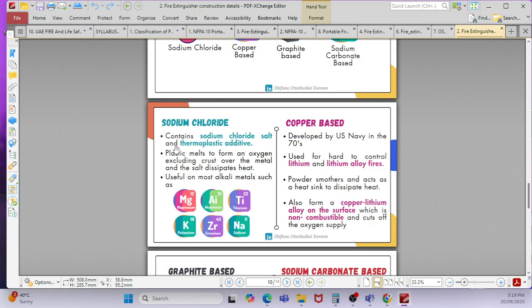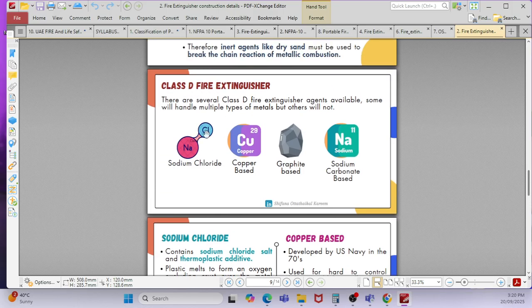It contains sodium chloride salt and thermoplastic additive, to form an oxygen-excluding crust over the metal, and the salt dissipates heat. Useful on most alkali metals such as magnesium, aluminum, titanium. So this is an extinguishing agent, right?